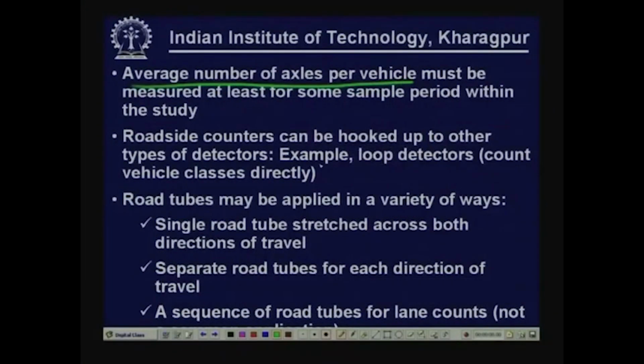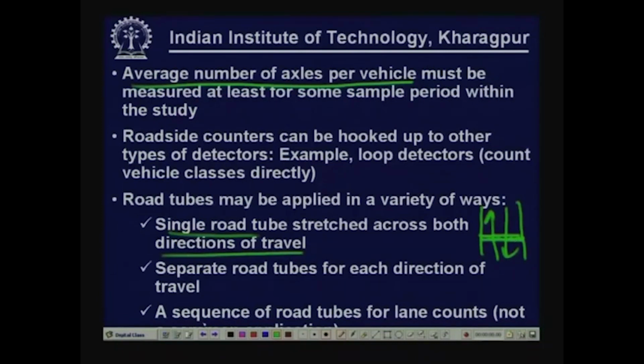Roadside counters can be hooked up to other types of detectors, for example loop detectors, which can count vehicle classes directly. Road tubes may be applied in a variety of ways. Maybe a single road tube stretched across both directions of travel. So, maybe this is one direction, this is another direction, you put one road tube, and that is recording both directions of movement.